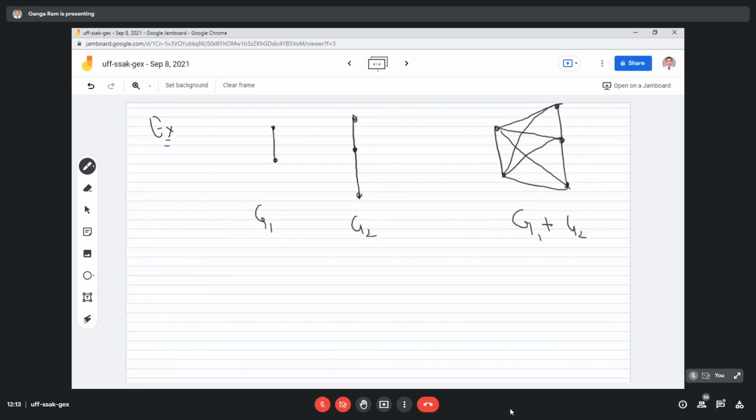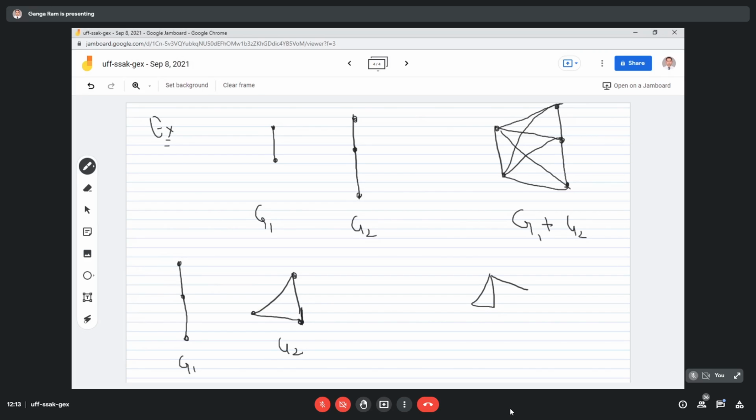Suppose I want to find the product. Suppose I have a graph G1 and a graph G2, and the graph is like this.